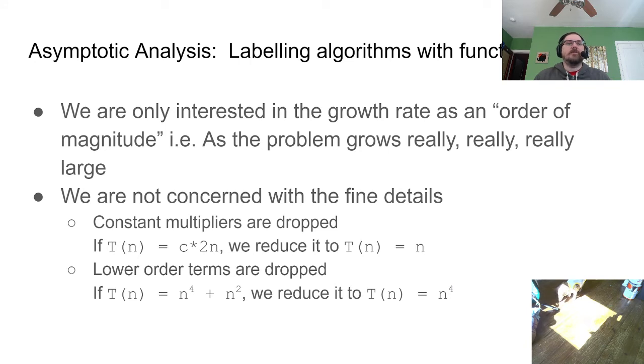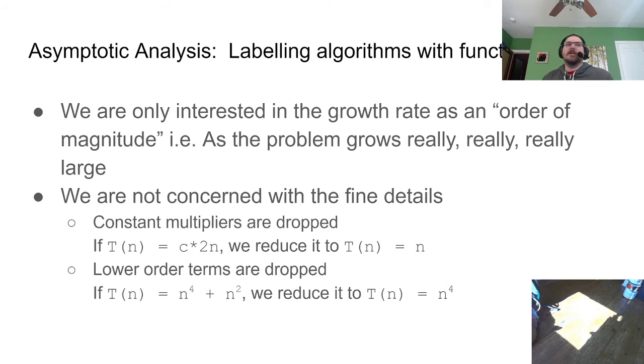So our goal here is going to be to label algorithms with functions. What we're doing, like I said earlier, is picking a function that provides a worst case scenario for that particular algorithm. We drop constant multipliers, so we're not super concerned with the fine details here.